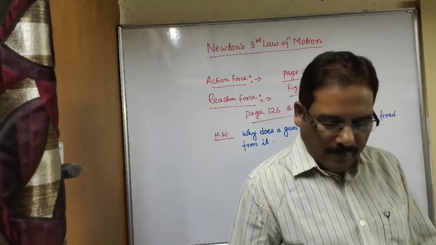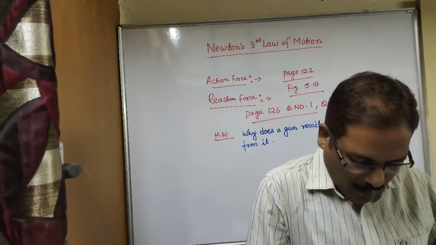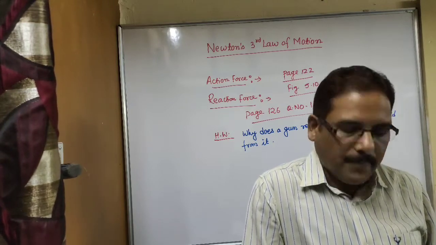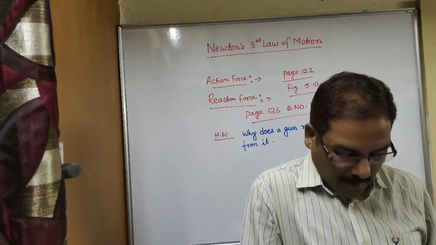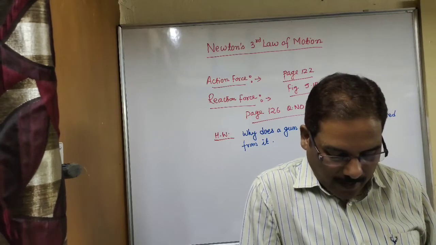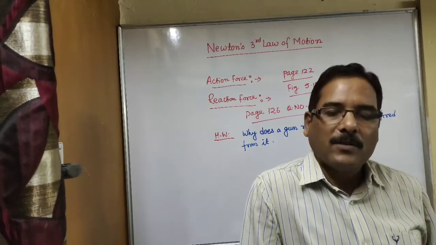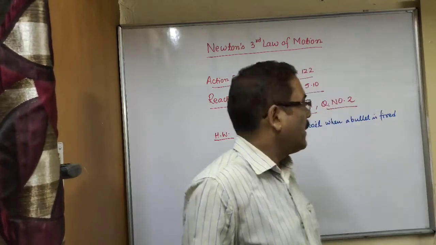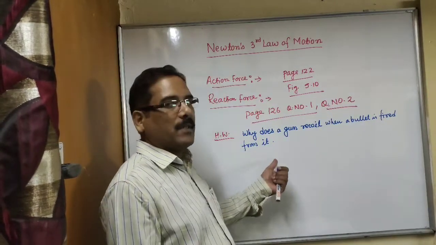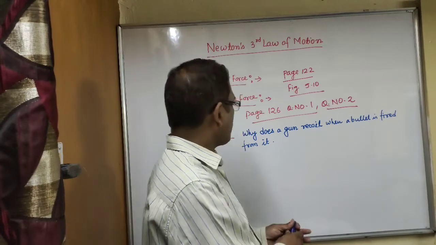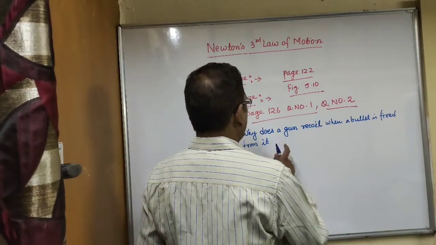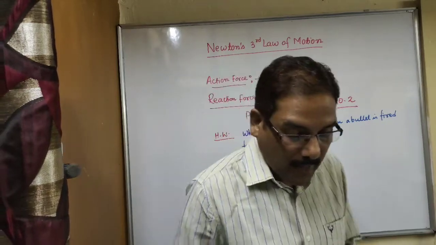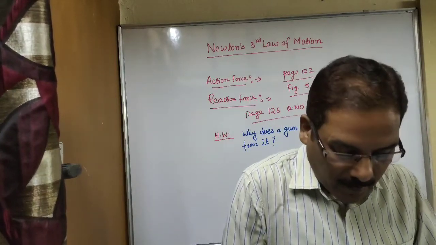More examples are given in your book. Look at diagram 9.11 on page 122: a forward force on the bullet and recoil of the gun. It is also given. You must go through the paragraph, read it and write a good answer for this question. Then look at another figure, that is 9.12.